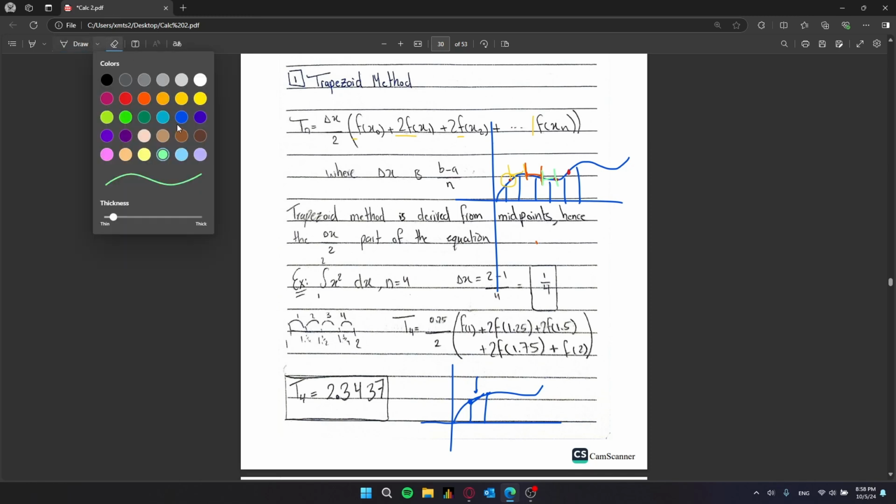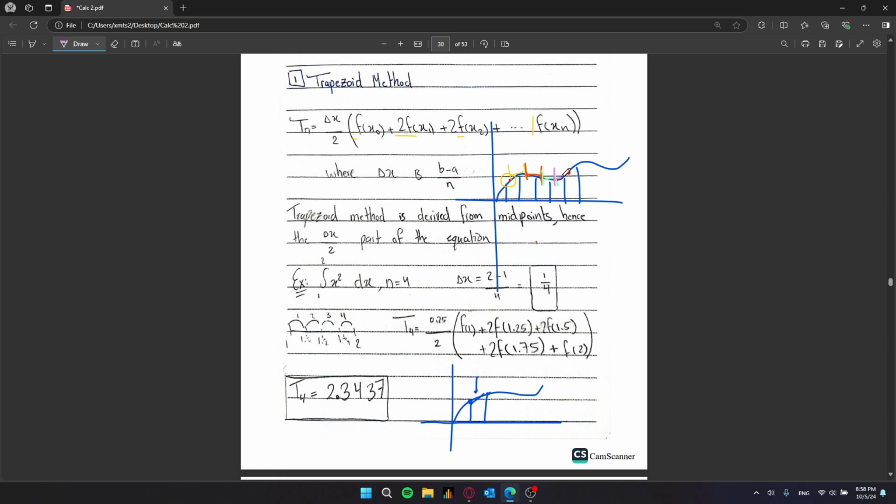And why am I pointing this out? Because it is a good way to get you to memorize the formula. It's delta x over 2 times f of x0, plus 2 f of x1, plus 2, plus 2, plus 2. It's always going to be plus 2 until you reach the end, when it goes back to plus 1 of f of xn.